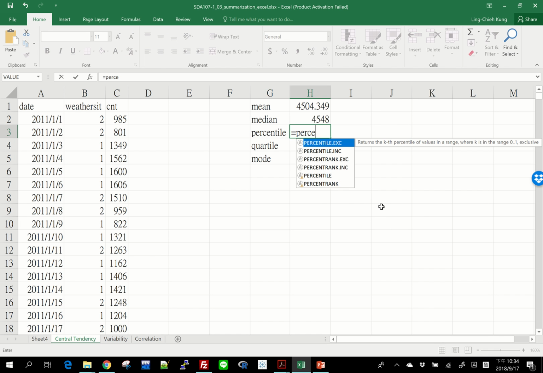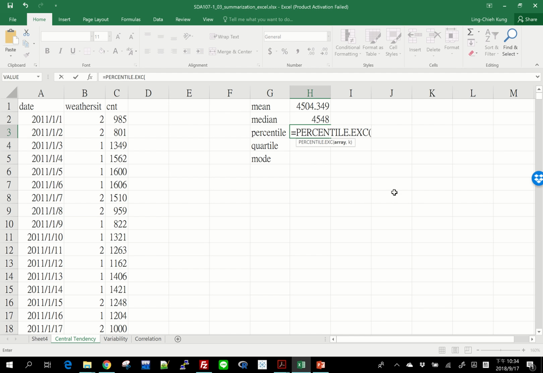Okay, coming back here, we have percentile. We have several functions that are about percentile. You can see that there are two functions called percentile exclusive and percentile inclusive. That's a little bit complicated, so let's try each one.